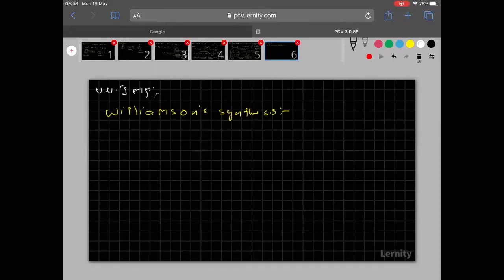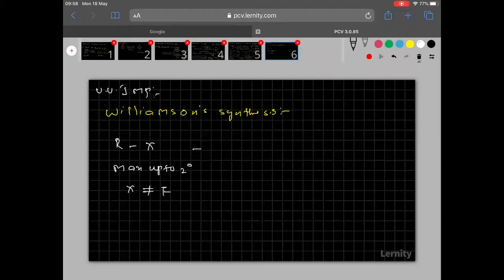Now see clearly what this Williamson reaction is. In Williamson, what happened? Here we have RX, an alkyl halide. Remember, the RX should be maximum up to 2 degree only, and X must not be fluorine because fluorine is a very poor leaving group. Is it clear?